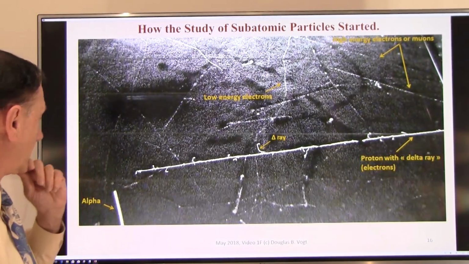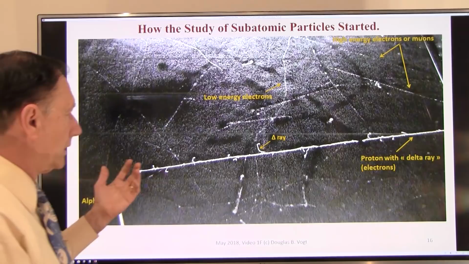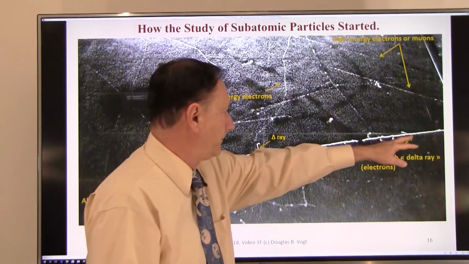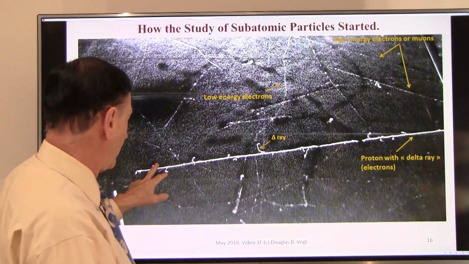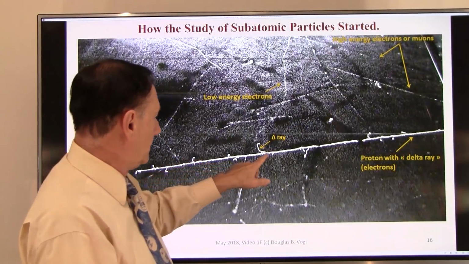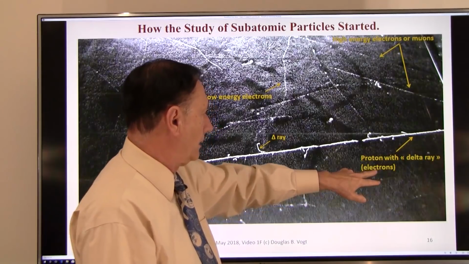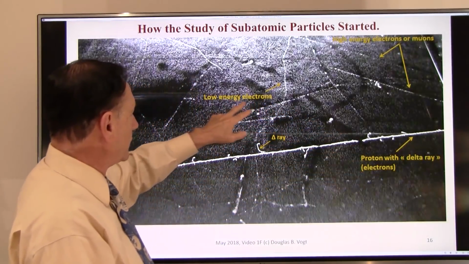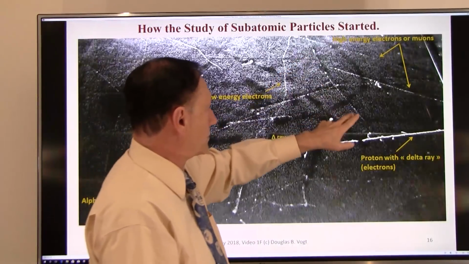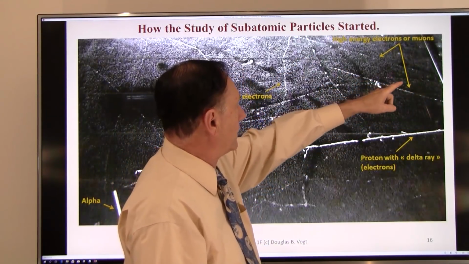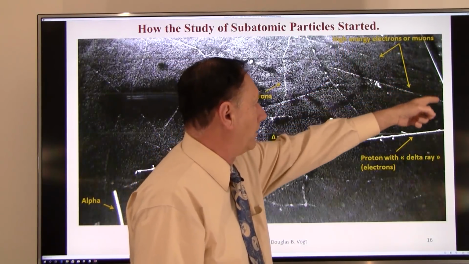Here's the study of subatomic particles. Again, this was their idea of a proton through a bubble chamber. And this is guesswork. This is a delta ray. They really don't know. Low energy electrons, they have no idea what these things are. It's mostly guesswork. High energy electron or a muon. They don't know.